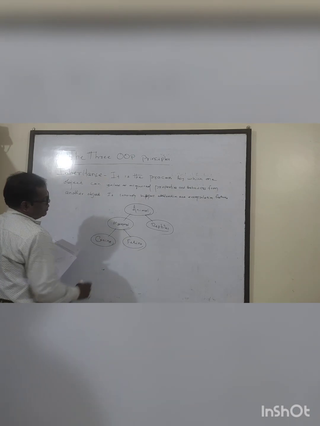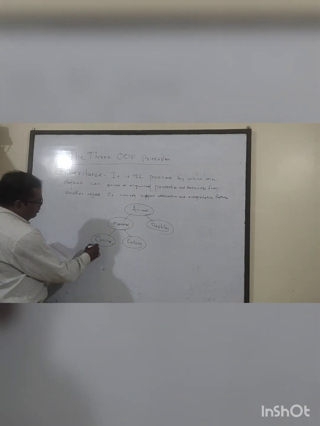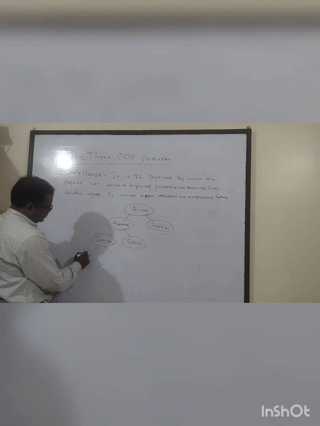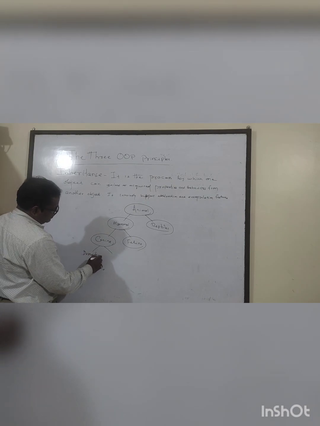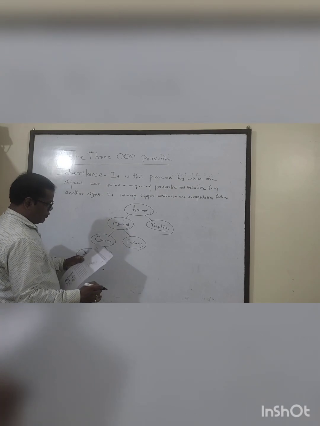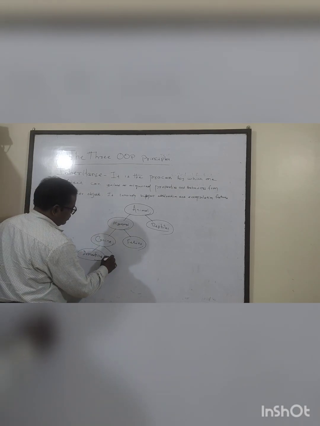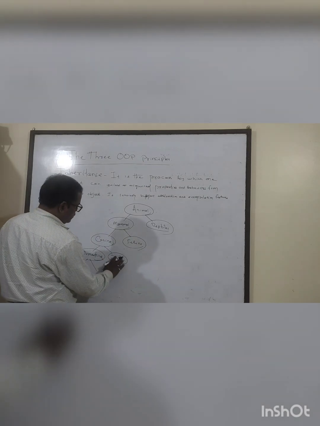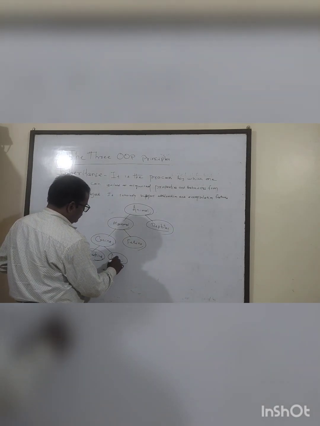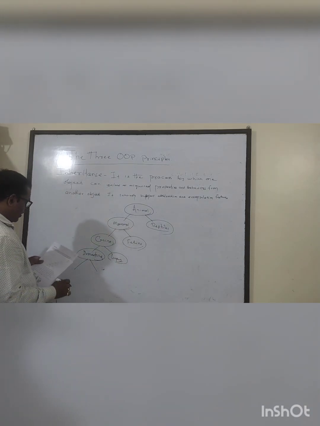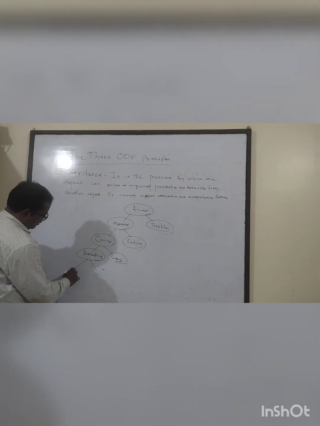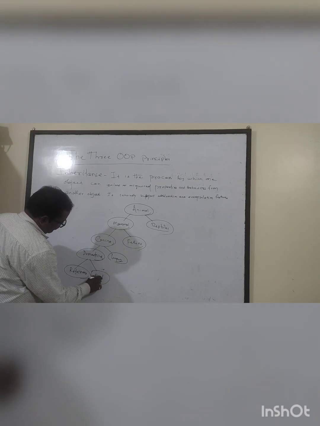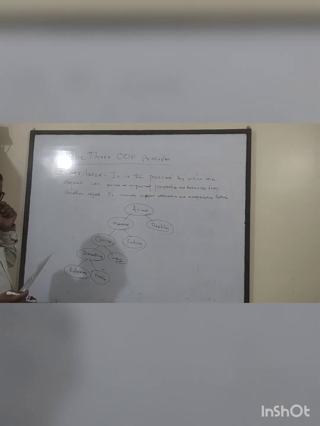Canine can have two types, domesticus and lupus. Domesticus is again of two types, retriever and poodle. These all belong to the dog family.